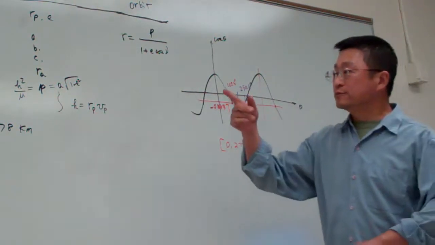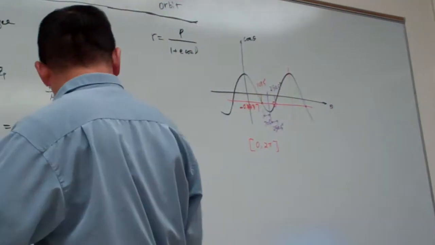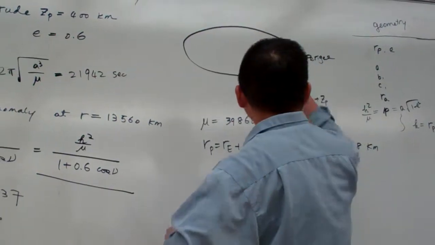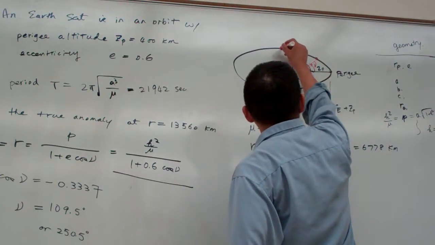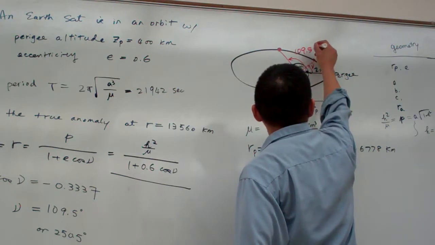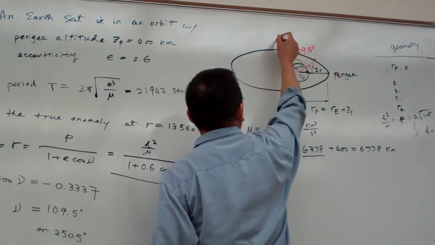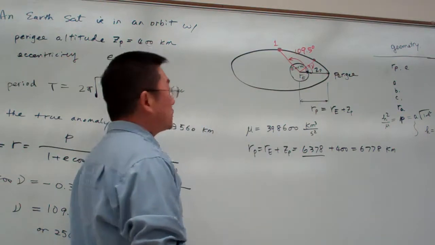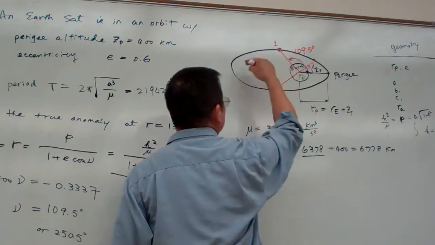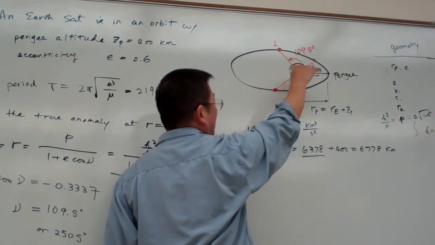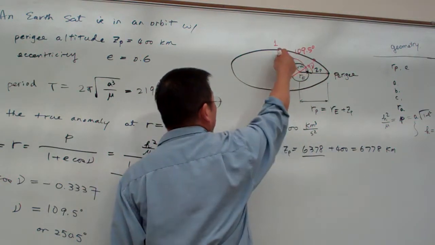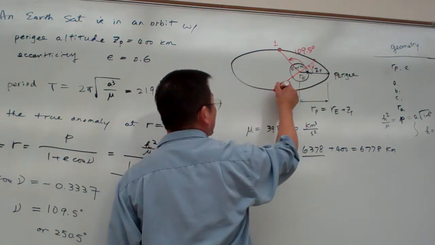But here, for this case, let me show the two positions. One answer is here, which you calculate as 109.5 degrees. So that's position one. The other position corresponds to here, symmetric with respect to the major axis, and this is the second position.